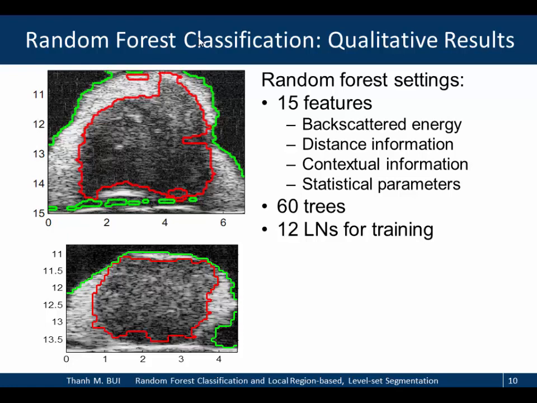Here is one image to show the qualitative result. You see that there is still some misclassification, like in this position and also here. That is the reason we use the level set method to refine this segmentation. With the level set method, we consider the segmentation provided by the random forest classification as the initialization.